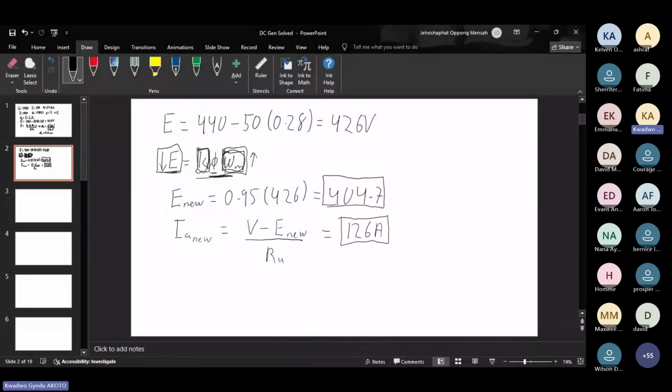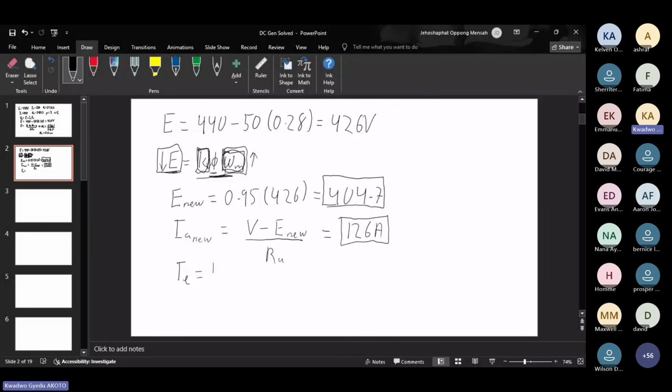So the question also says we should find the torque corresponding to the initial torque, right? Okay, so we know that torque TE is equal to K phi IA, right?